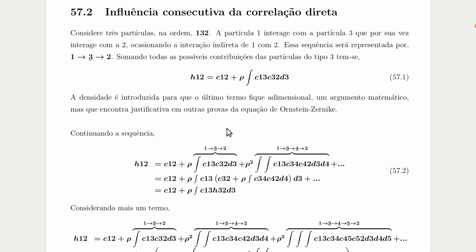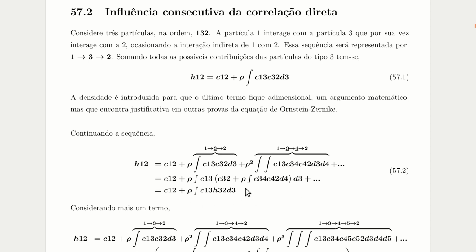Let's continue the interaction. Let's put the particle 4 in between 1 and 2 and after 3. That will be the contribution of 3. That will be the contribution of 4. And then I integrate again, rearrange, use this again. And when I use this for particle 1 and 2, particle 3 and 2, I will end up with that.